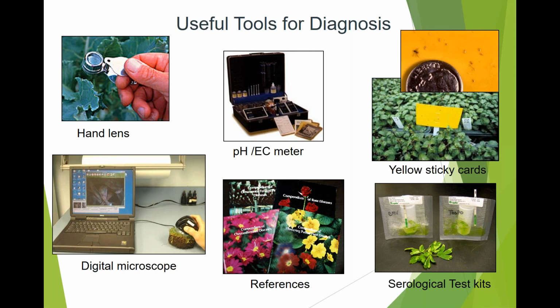And for growers that regularly grow crops that have particular problems, or have a history of a particular problem, sometimes these virus test kits, these serological test kits, are very useful. They're grower friendly. They're not very high tech, but they can help you identify particular viruses very quickly and help you manage those problems quickly.